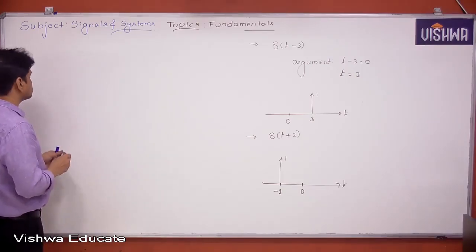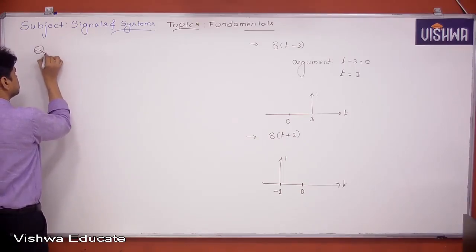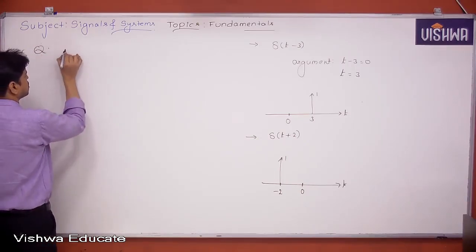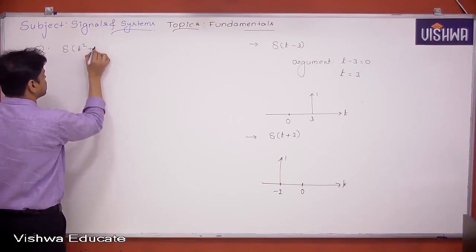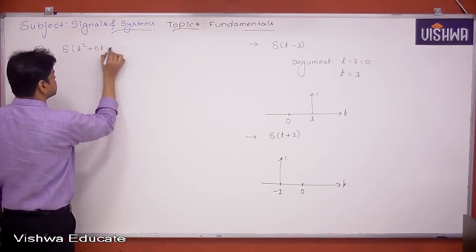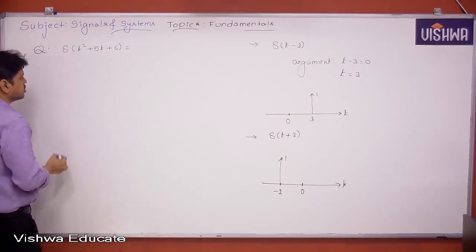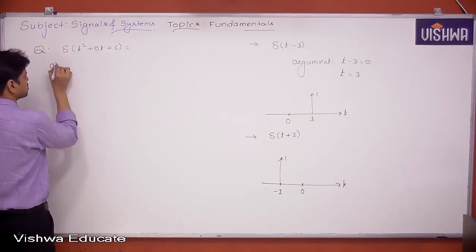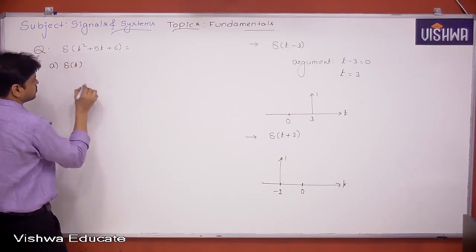Suppose somebody is asking, let's take a question example: delta of t square plus 5t plus 6 is equal to, and the options are given like this. Option A, delta t.